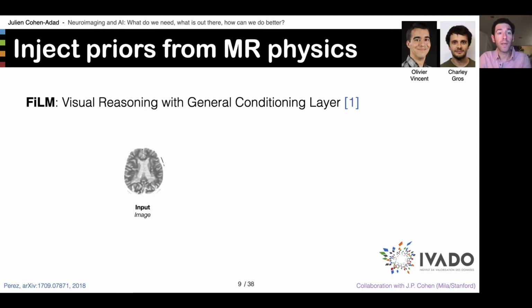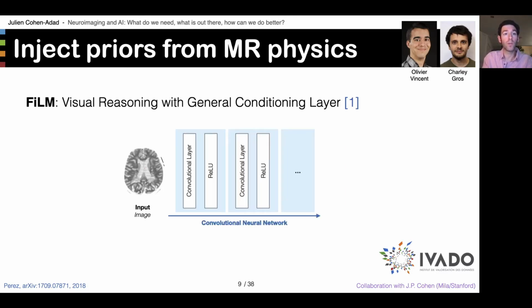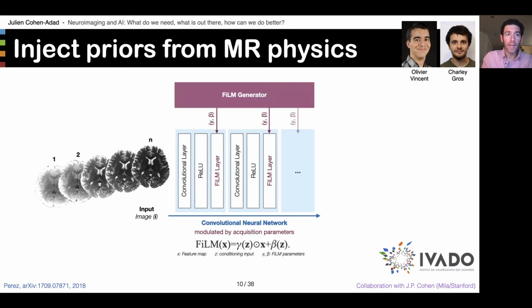So let's take an input image, a typical convolutional neural network, or CNN, which outputs a segmentation. Okay, so there's nothing miraculous so far. But then we can adapt this CNN to the FiLM approach. And the outputs of some layers are modified by an affine transformation, you can see here, defined by the parameters beta and gamma.